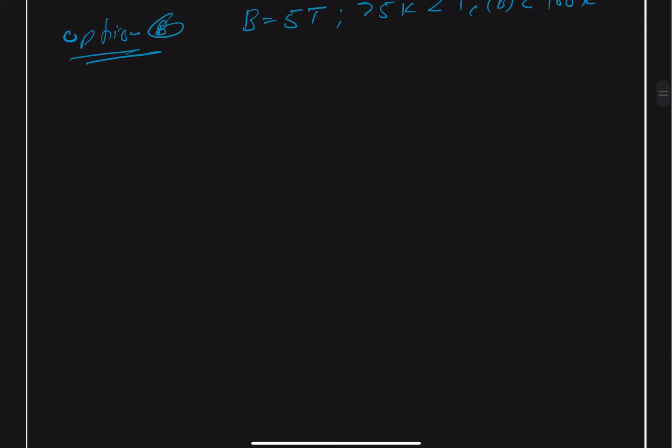So from 1, the given B equal to 5 Tesla is less than 7.5 Tesla.